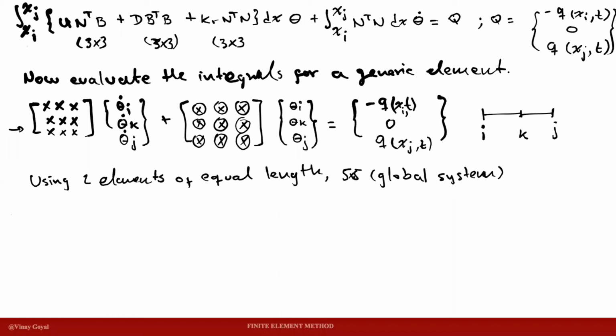All right. So now we need to determine the boundary conditions in terms of the global unknowns, to perform the global assembly, right?